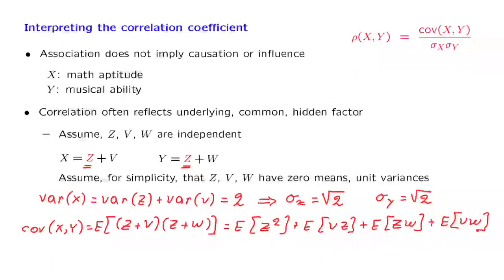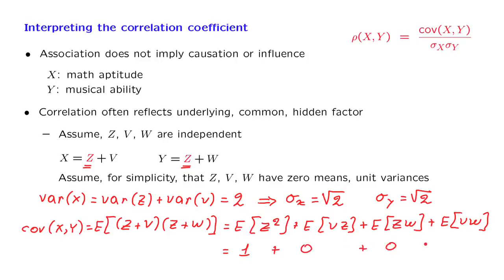expression here. Now, z has zero mean and unit variance, therefore the expected value of z squared is equal to 1. How about the next term? v and z are independent, so the expected value of the product is the product of the expected values, but the expected values are 0, so this term is 0.